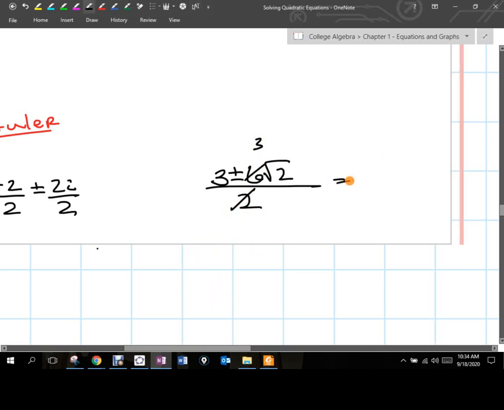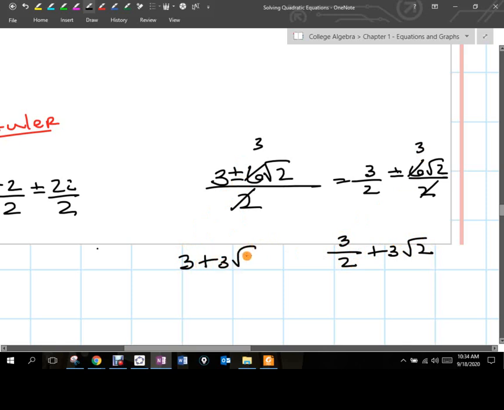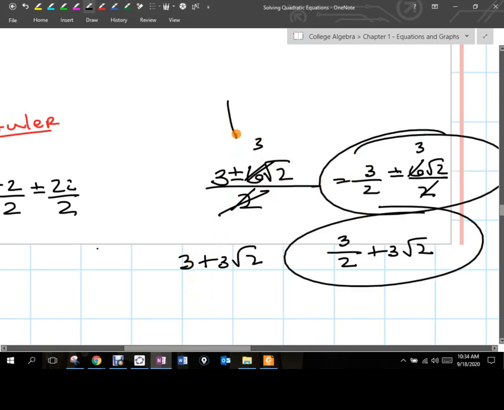If I rewrite this as 3 over 2 plus or minus 6 radical 2 over 2, I can cancel here, right? And that does give me 3. But it's 3 halves plus 3 radical 2. Is that different than 3 plus 3 radical 2, as I would have gotten here if I just cancel that and that? Okay, so this is the correct way of doing it. You cannot do it that way.